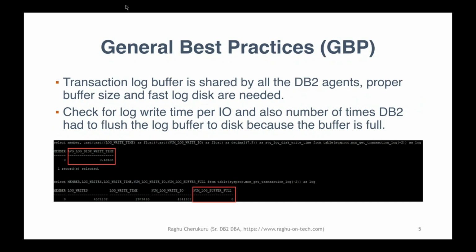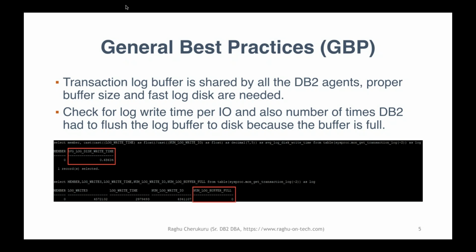Some of the general best practices. GBP means general best practices, not global buffer pool. I had the shortcut in there. One of the key things with performance is that there are areas where things get blocked because only a single process or thread is running in the DB2 system, and other areas where multiple processes run in parallel.